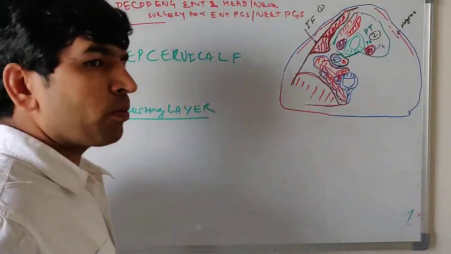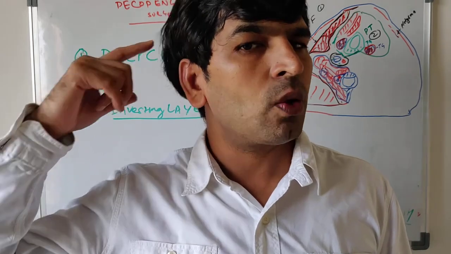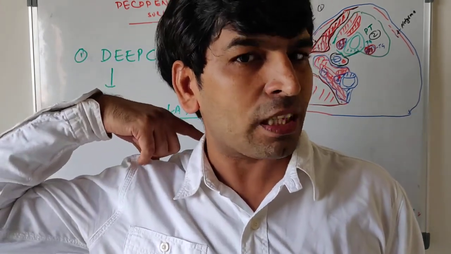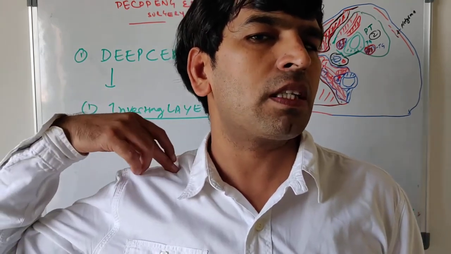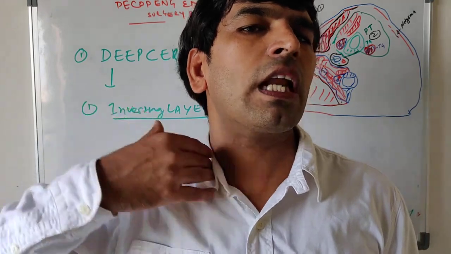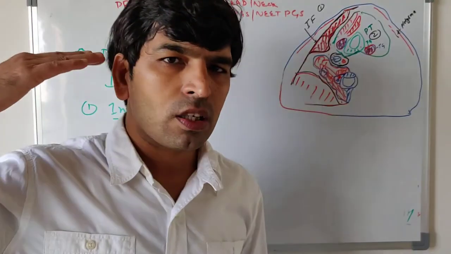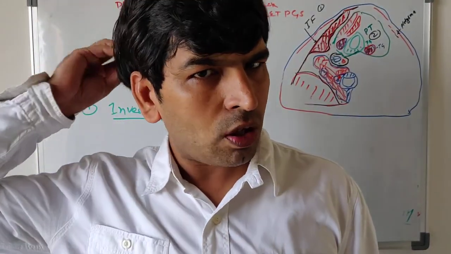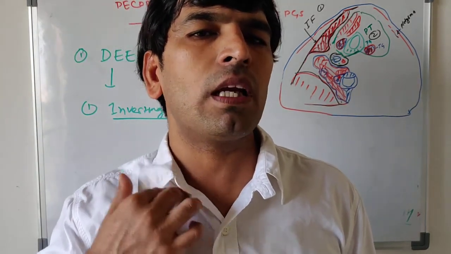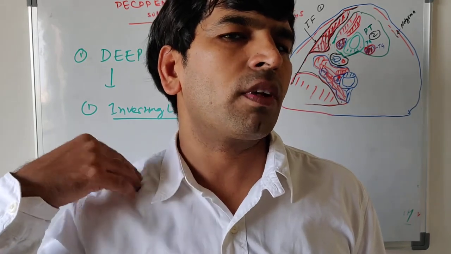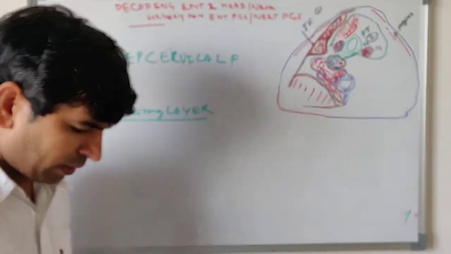It extends from the external occipital protuberance and superior nuchal line to the back at the level of the spine of the C7 cervical vertebra, and laterally to the spine of the scapula, acromion process, and clavicle in front. Superiorly it attaches at the superior nuchal line and occipital protuberance, and inferiorly to the clavicle, acromion process, and spine of the scapula. So this is the extension of the investing layer of the deep cervical fascia.